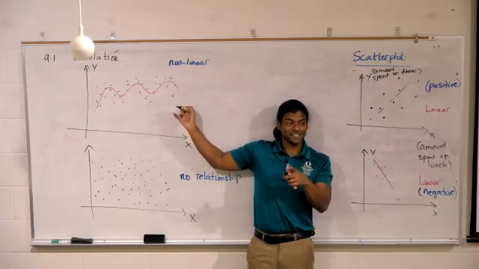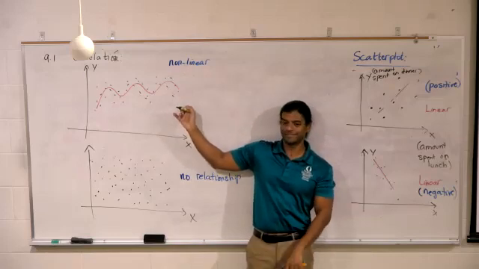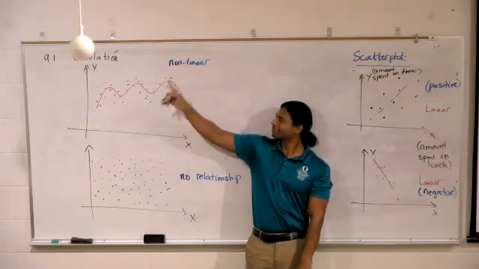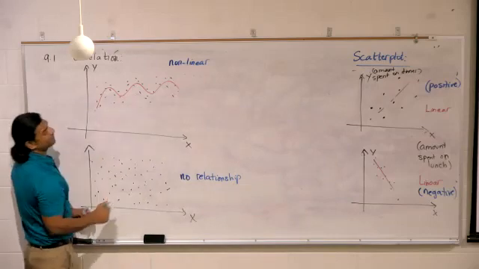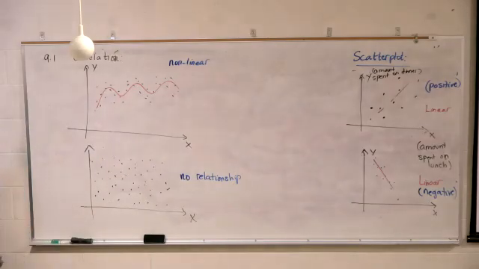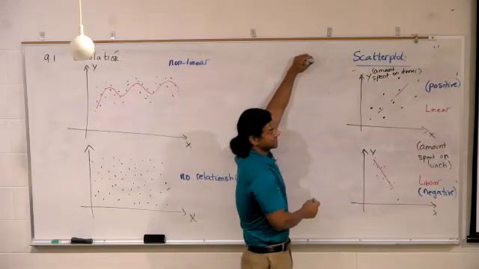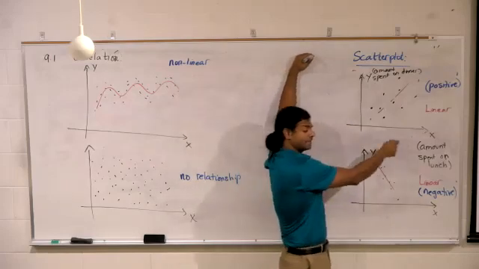Is there a relationship? Absolutely. But it's a roller coaster, right? So there is a relationship, but it is just not linear. When it comes to linear relationships, we can call it positive or negative or even constant.